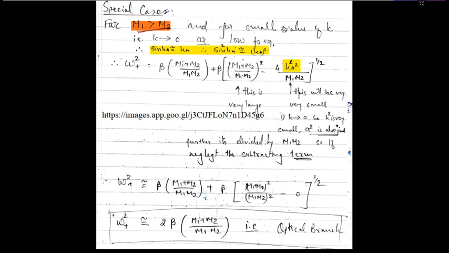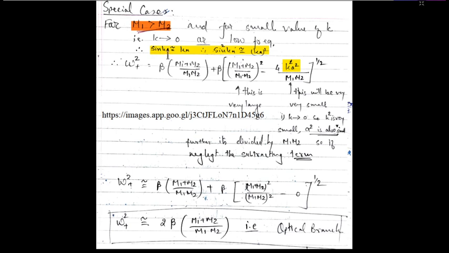wave equations near smaller values of k. So if k tends to 0, that is, at low frequency, then the equation of the optical branch, that is omega plus square, has this part which is basically 4 sine square Ka.